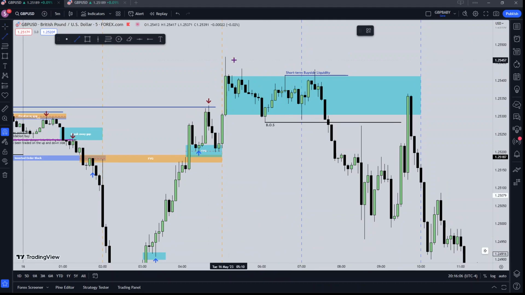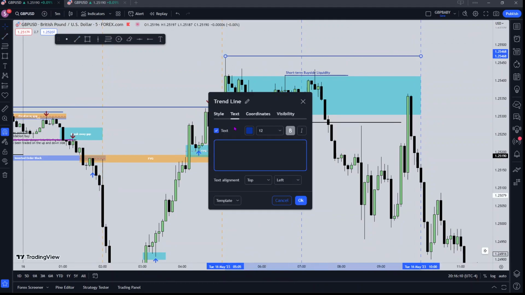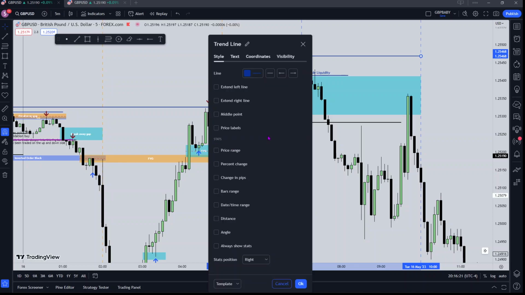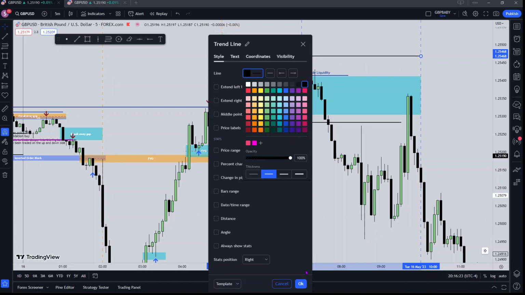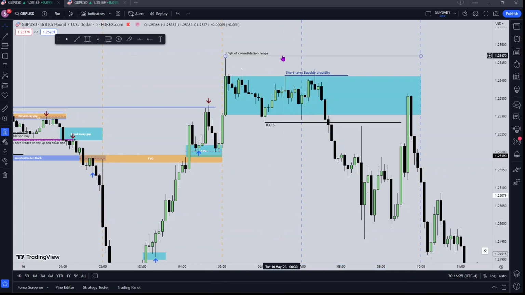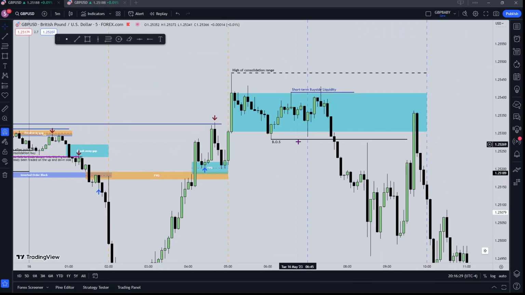And then we've got the swing high of the consolidation range, the high of the consolidation range, I'm going to call it. So the low of the consolidation range would be here, and you can see we took out the short term, but we failed to reach the high.